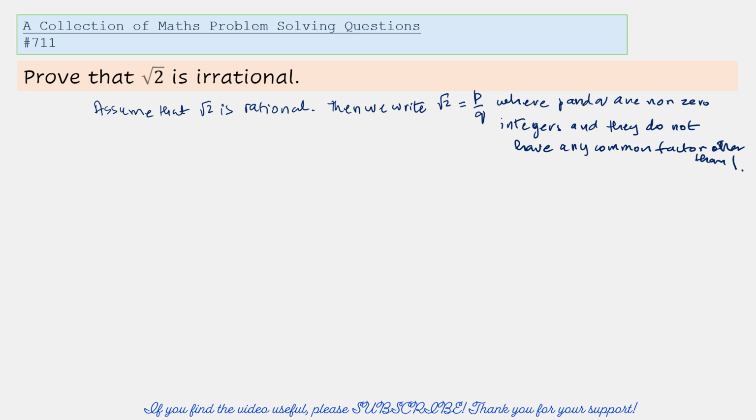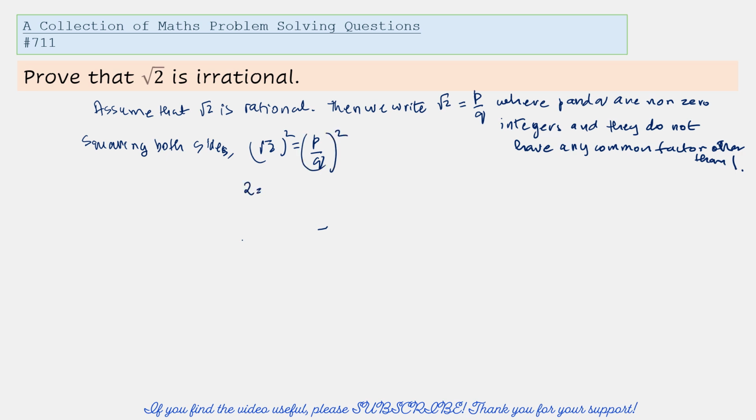So now what happens if we square both sides? Squaring both sides, we'll have root 2 square equals P out of Q square.